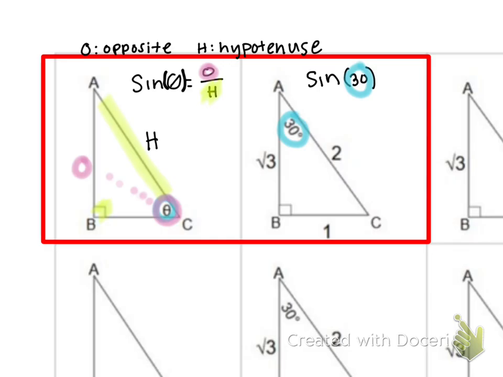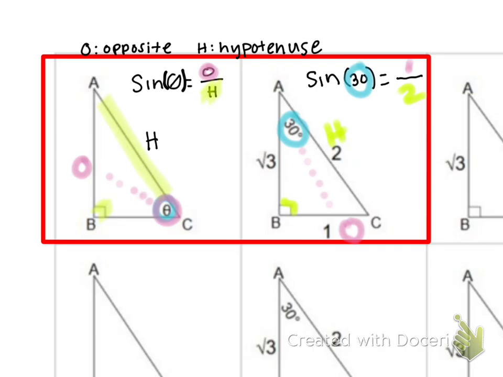So when we're labeling it, we're going to start with opposite. So opposite, remember, means in front of. So right in front of that 30 is the 1. And that's what's going to go at the top, 1. And at the bottom, I need my hypotenuse. Now my hypotenuse is going to be 2. So 2 is going to go at the bottom. That right there is how you write that trigonometric ratio.